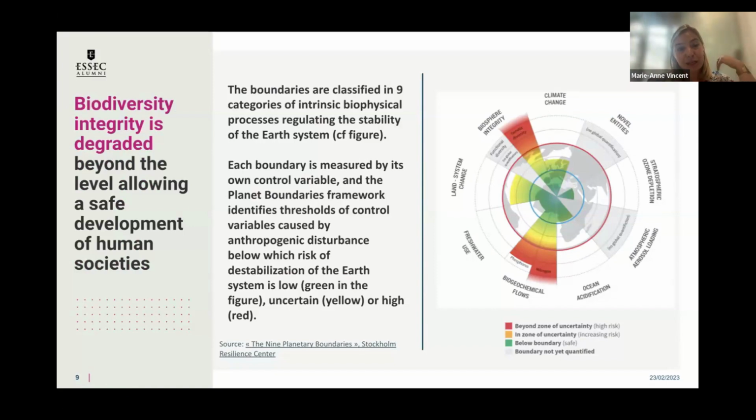We need to adapt, of course, but we can still emit a little bit. For biodiversity, we crossed the line where biodiversity is so altered that it's difficult for the planet to restore by itself. So we really need to make the effort to restore biodiversity and to reduce biodiversity loss. But the second part, restoration, is key because we need to help the planet restore by itself again.